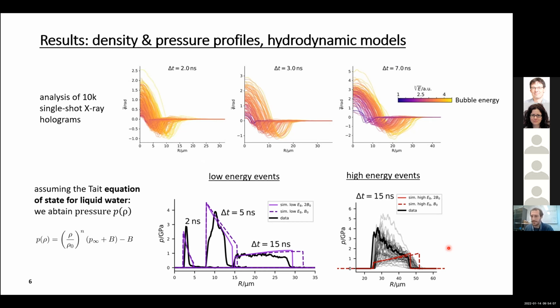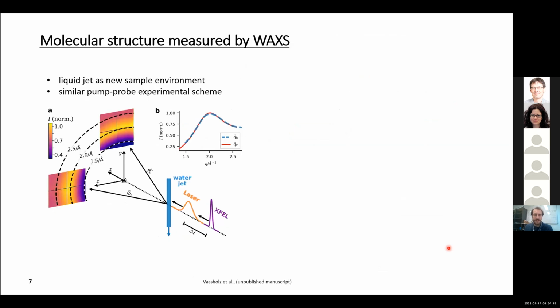This means that we need to understand better what is actually happening, how does water behave under these high transient pressures. And this directly motivates our follow-up experiment, which was also conducted at the European XFEL, the same beamline, which is time-resolved WAXS.